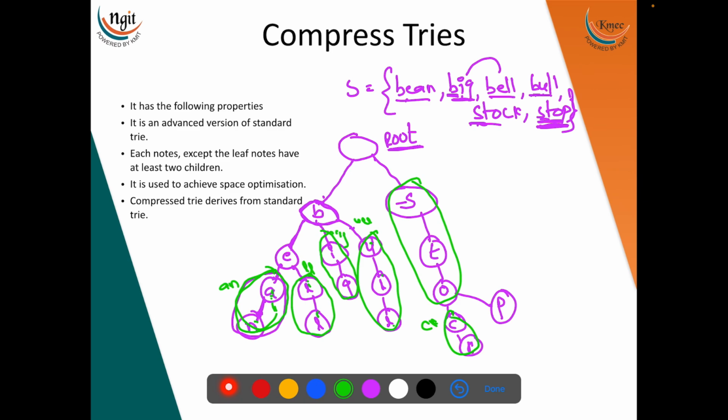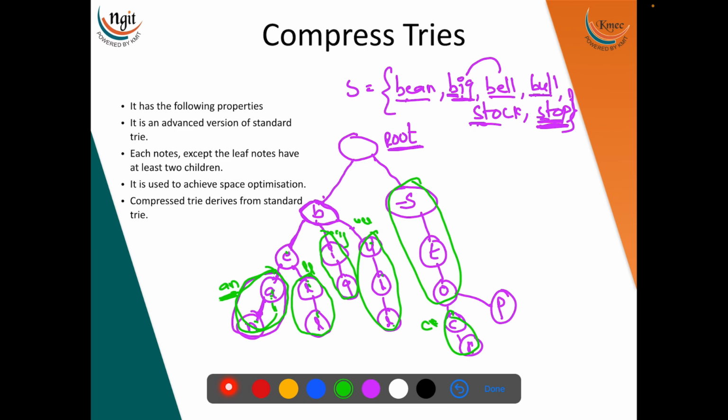So with this you can generate the compressed trie. Now in any trie, each and every path from the root node to a leaf node indicates a string. So though you compress or combine this AN, BEAN is one string. The main advantage of the trie is storing a set of strings.